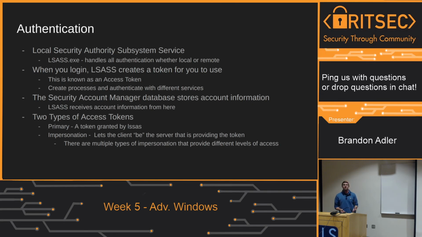So if services impersonate a specific user, just for sake of example, then they just embody all the permissions that come with being that user. And there are a couple different types of impersonation that provide different levels of access throughout the system.